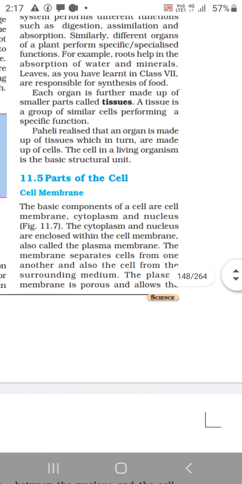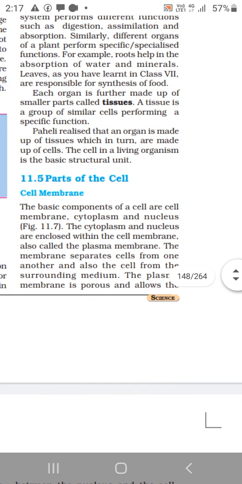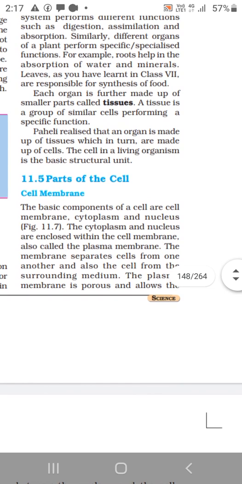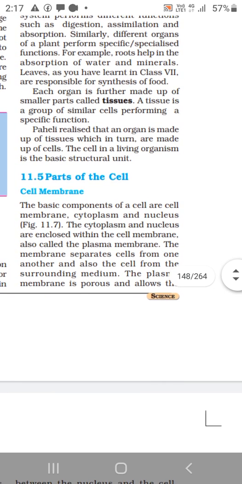The basic components of a cell are cell membrane, cytoplasm and nucleus. The cytoplasm and nucleus are enclosed within the cell membrane, also called plasma membrane. The membrane separates cells from one another, and also the cell from the surrounding medium.